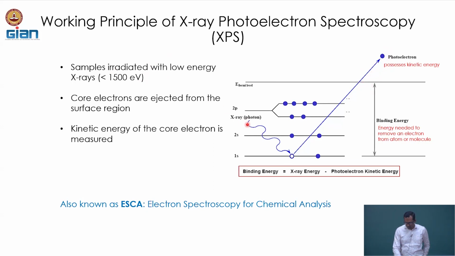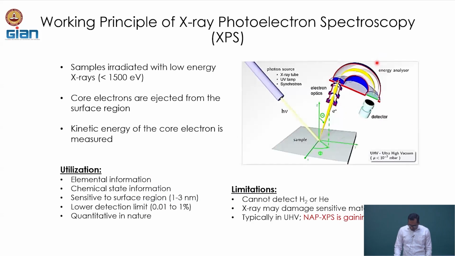We know the incident X-ray energy, so we can calculate the kinetic energy at which this core shell electron is ejected, and the difference gives us the binding energy of this material. And since the binding energy is the fingerprint of different materials, from that we can say which material is under investigation.